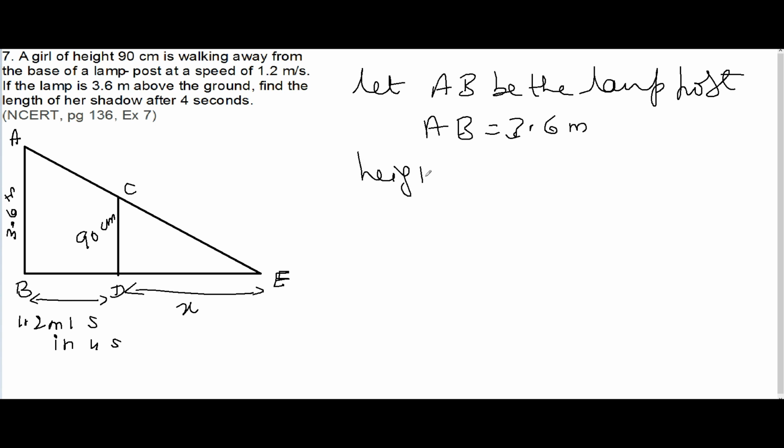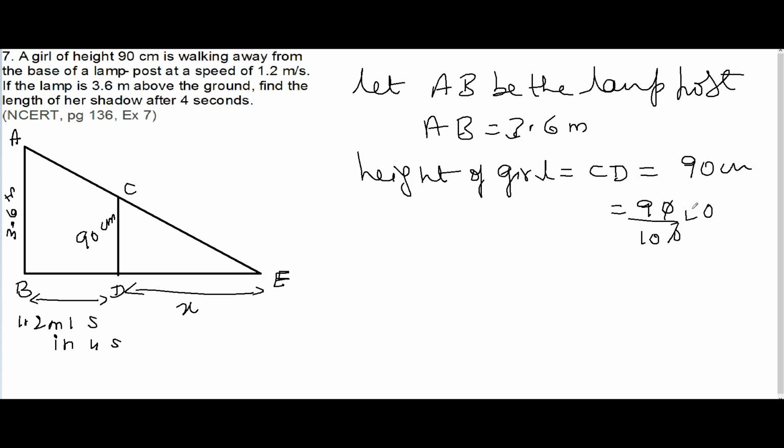Height of girl, suppose let the girl be CD, which is 90 centimeter. Convert it into meter because everything is in meter, which will be 0.9 meter. This is most important.